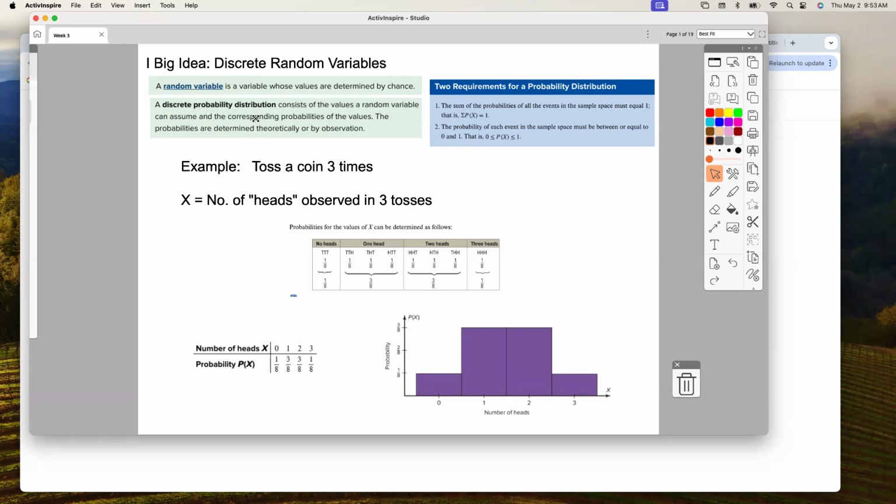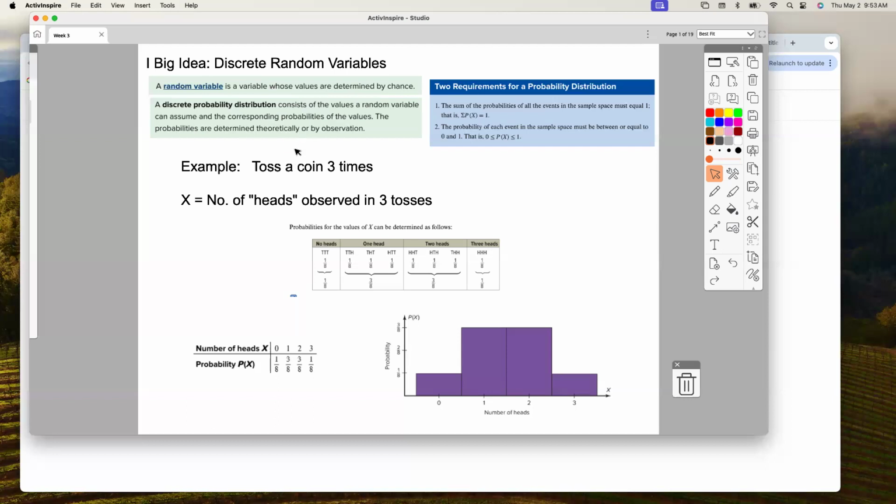It is a variable whose values are determined by chance. And a discrete probability distribution consists of the values that the random variable can assume, and also the corresponding probabilities that go along with each of those values.